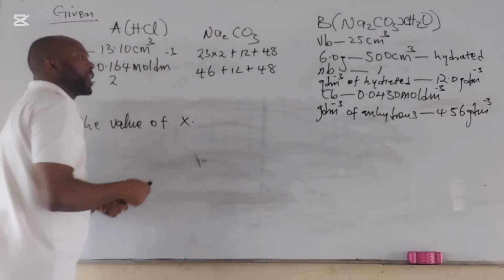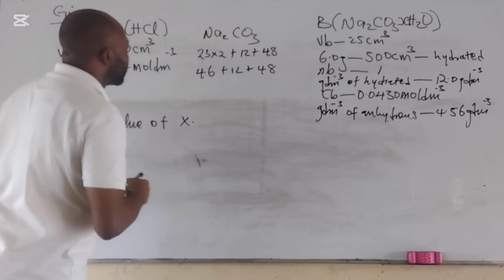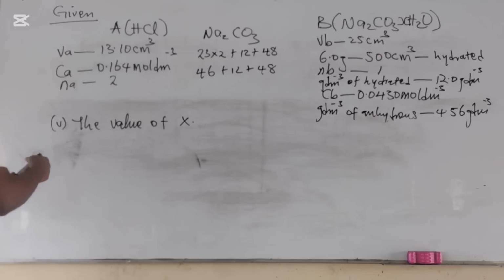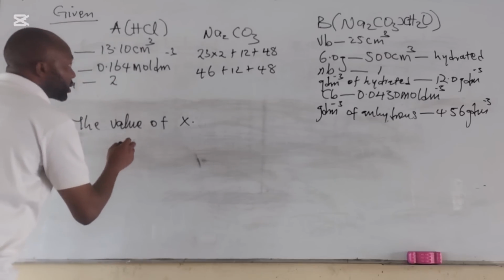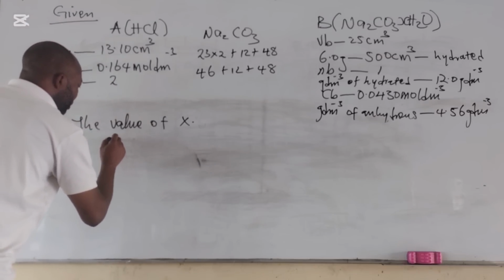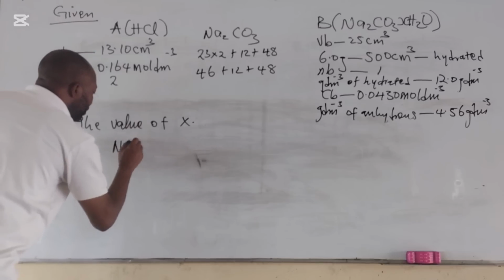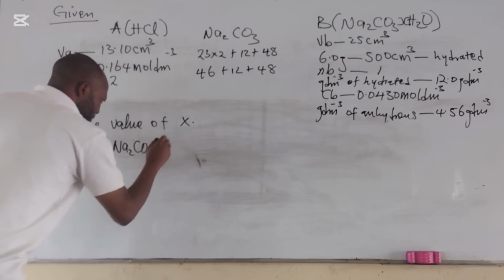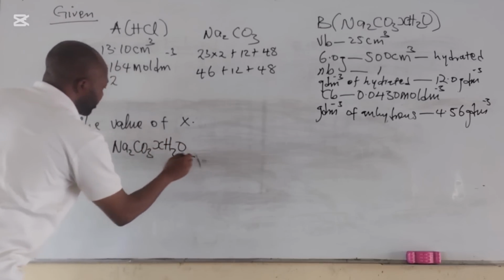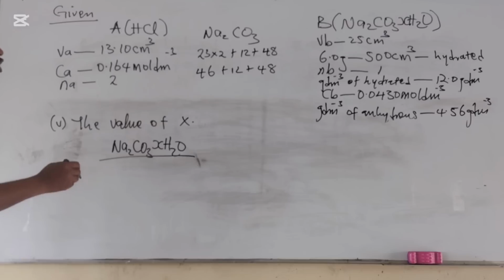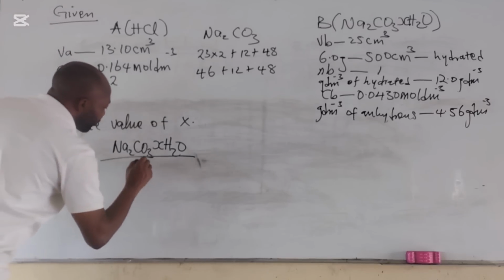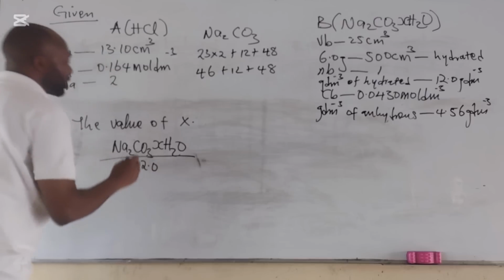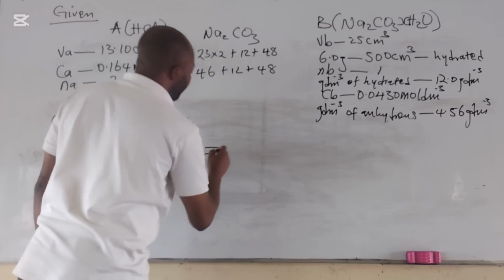For us to get the value of X, we put in our formula, which is the relative molecular mass of hydrated, which is Na2CO3.xH2O, over the mass count of hydrated, which is 12.0. Let's forget the unit for now.